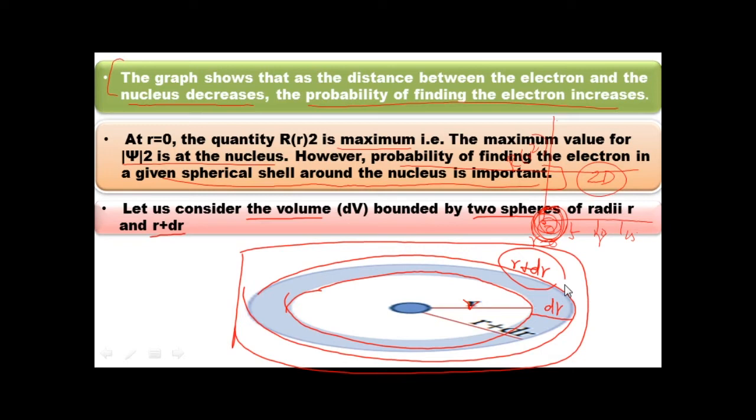Now we are going to find the probability of finding an electron in the total volume of the sphere, that is, how many electrons are in this total volume.